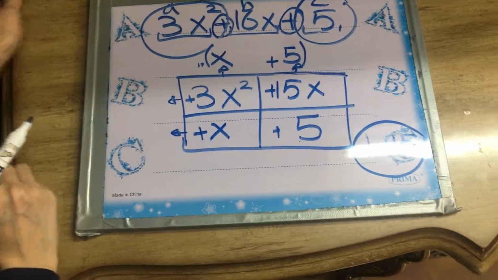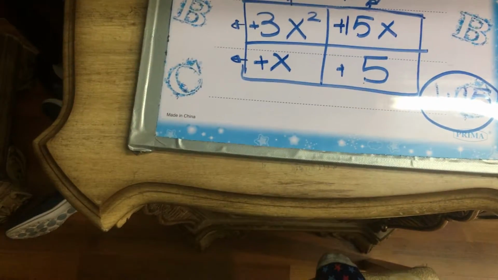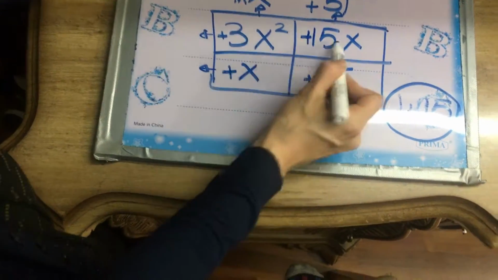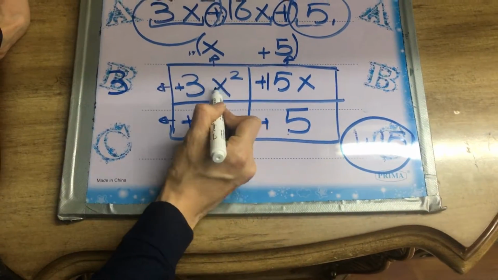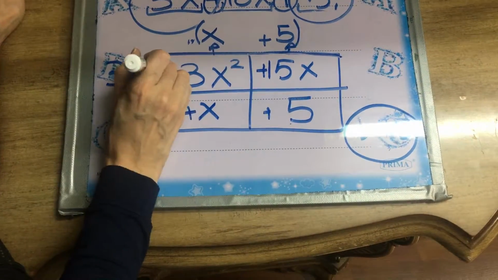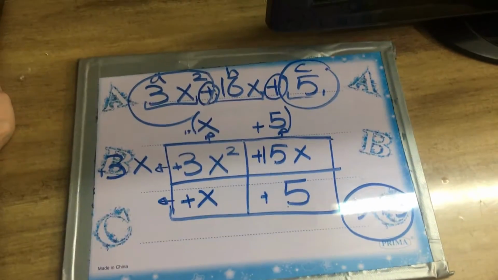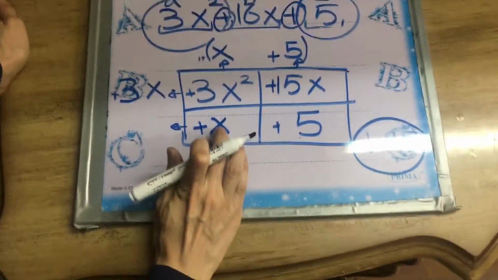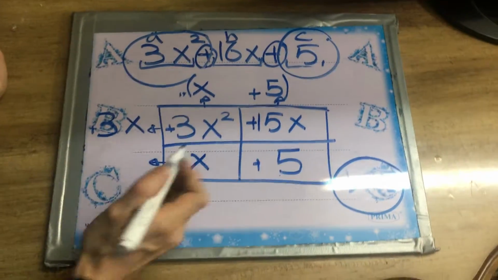Now let's factor on the left. Between 3 and 15, the greatest common factor is 3. Between x² and x, the greatest common factor is x. And again, we have a positive sign. Now, between x and 5, we have no greatest common factor, which means it's 1.